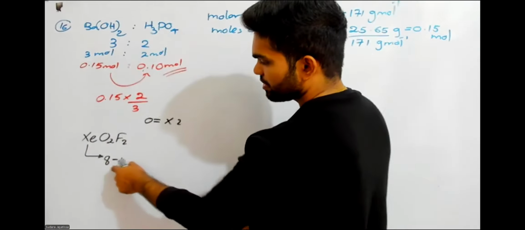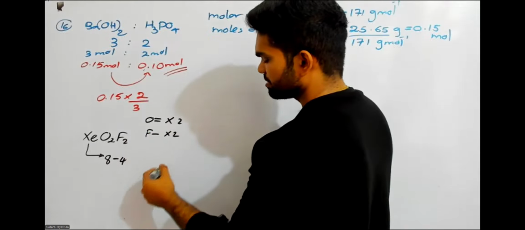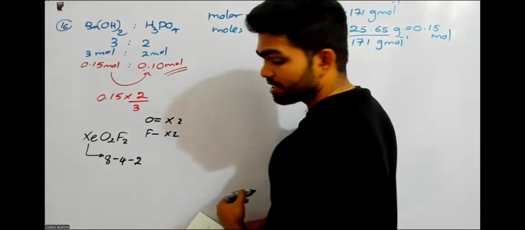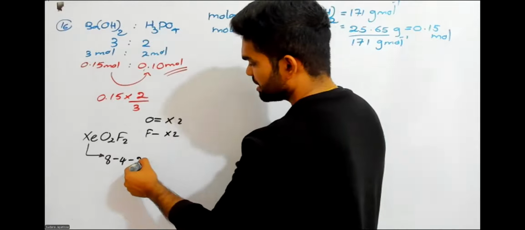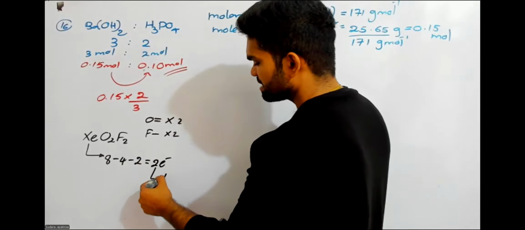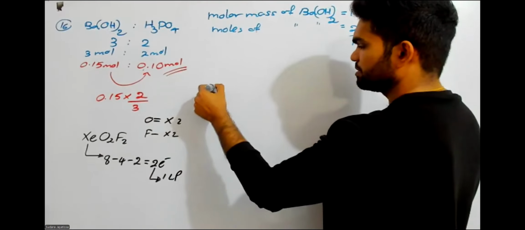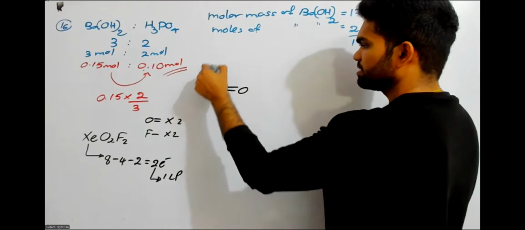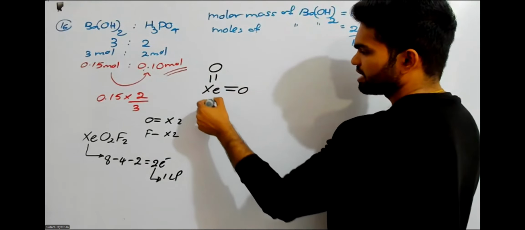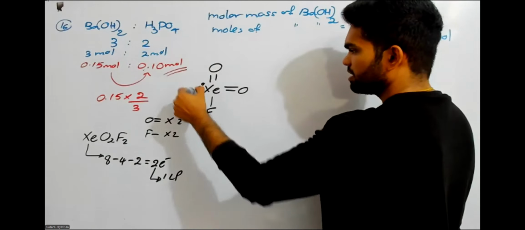Fluorine makes single bonds, 2 such single bonds, so subtract another 2. You will be left with 2 remaining electrons, which will be 1 lone pair. If you draw the structure, there will be 2 xenon-oxygen double bonds, 2 fluorine atoms and 1 lone pair.